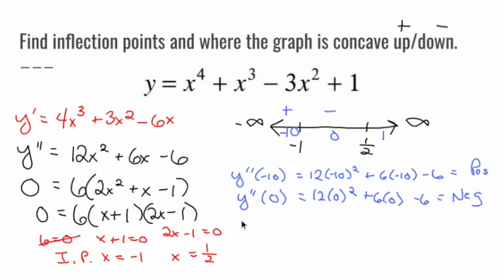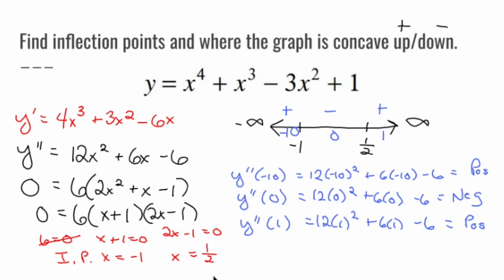And let's see what happens when we plug in 1. 12 times 1 squared plus 6 times 1 minus 6. 1 squared is 1, 12 times it is 12. 12 plus 6 minus 6 is still 12. Positive.